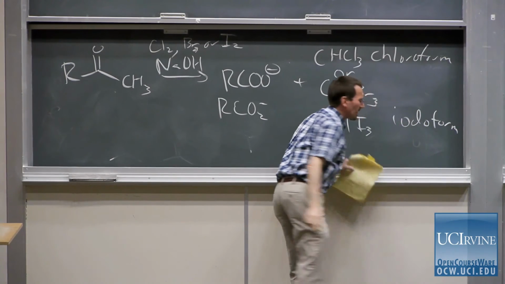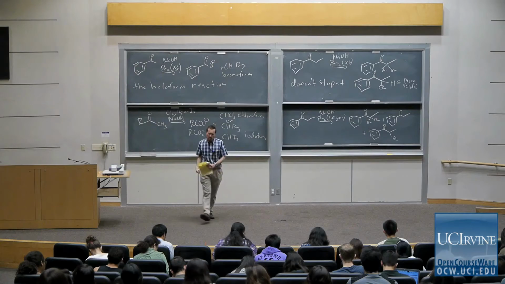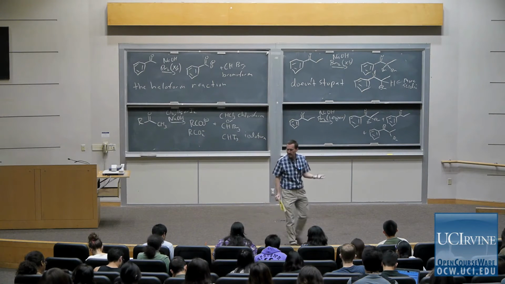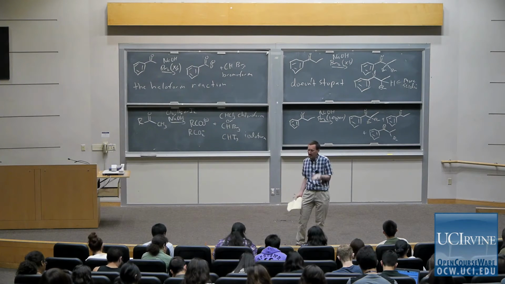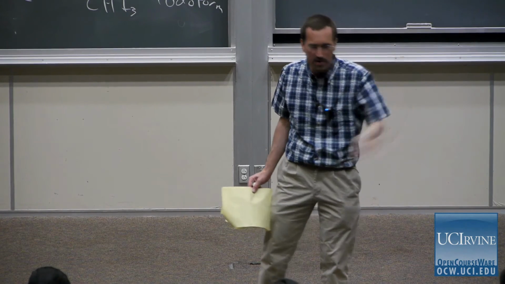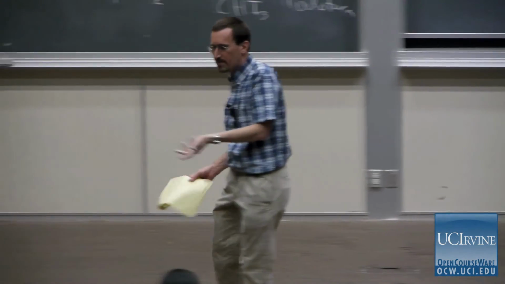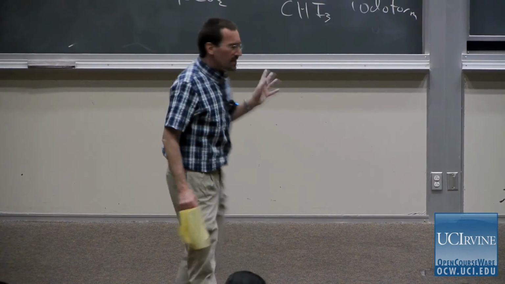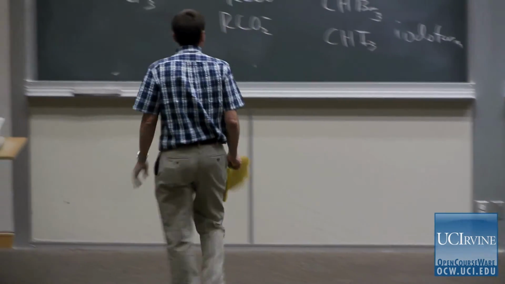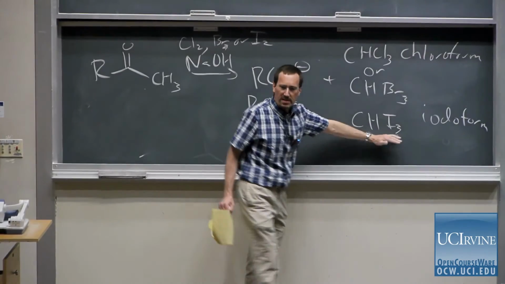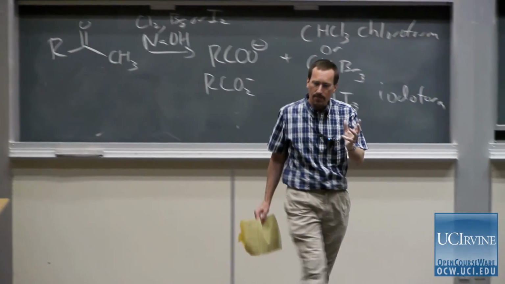And historically, this reaction's been used as a chemical test for methyl ketones. Nowadays, if you wanted to identify a methyl ketone, you'd just take an NMR and okay, you've got a methyl peak and you've got a ketone in the IR, and the methyl peak's at about 2 parts per million. You say I have a methyl ketone. But historically, this was used as a test. And typically it was done with iodine, because iodoform is really cool. It's a yellow organic compound.